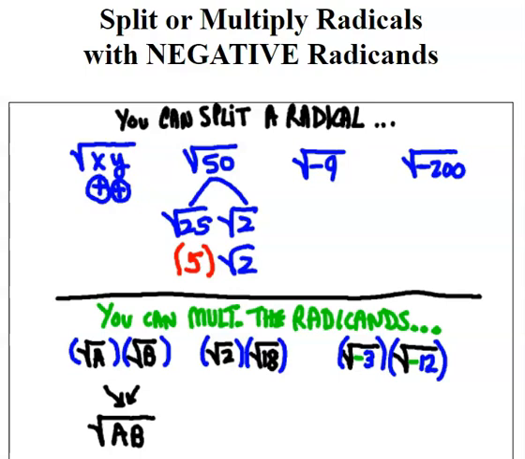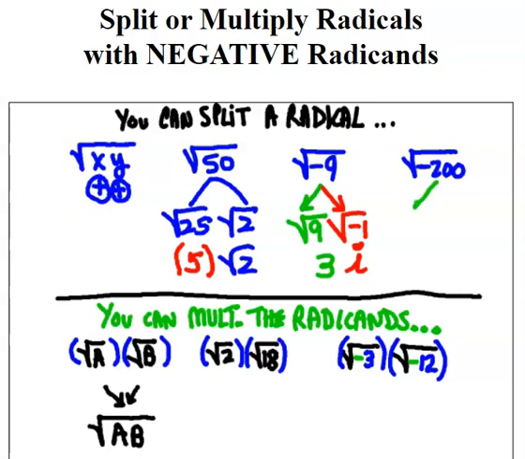Now comes the exception. With the addition of the imaginary numbers, we're going to have a new rule that says we can split this up into radical 9 times radical -1, because we've come up with a way to write the square root of -1, and the 9 simplifies as 3. And that's good, because then this last problem here, we can split it up into 3 parts.